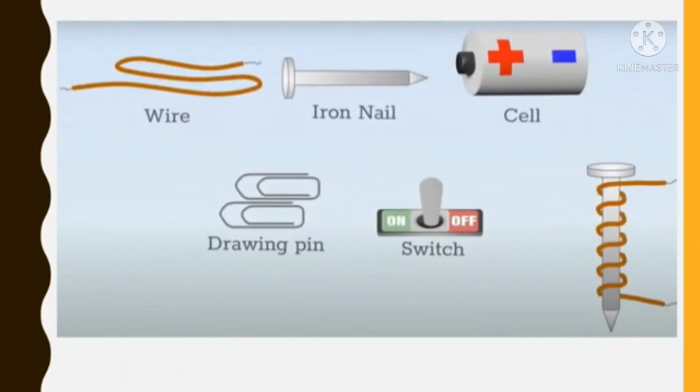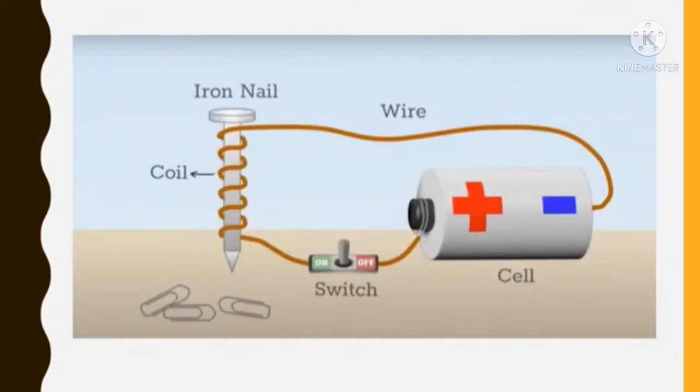Here are the instruments we are going to use: wire, iron nail, cell, drawing pin and switch. How to apply the wire to the nail is shown in the last picture. And this is the construction of your cell. Draw this diagram also in your notebook. Also, you have to write all the points that I am teaching you from the video.